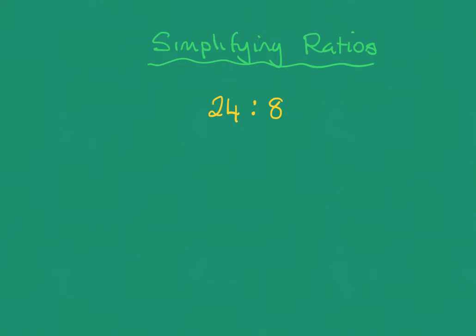So if I just say, well, I know that 4 goes into both of those, when I divide by 4, I get 6 here and 2 here. And if I look at both of those numbers again, I see that 2 goes into them. So I'm going to divide by 2 again, and I get 3 to 1.